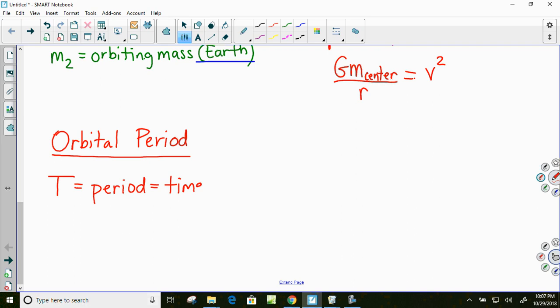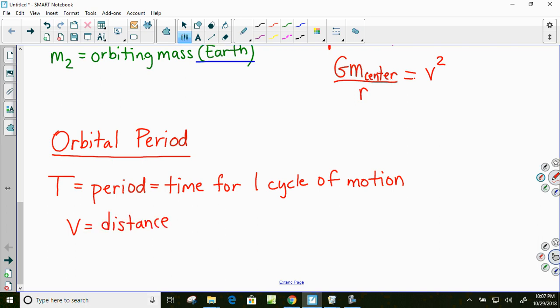Capital T is the symbol we use, so capital T is the period, or the time for one cycle of motion. In the case of an object orbiting or moving in a circular path, the period would be the time it takes for that object to go around the circle one time. And we want to see if we can figure out what the orbital period is.